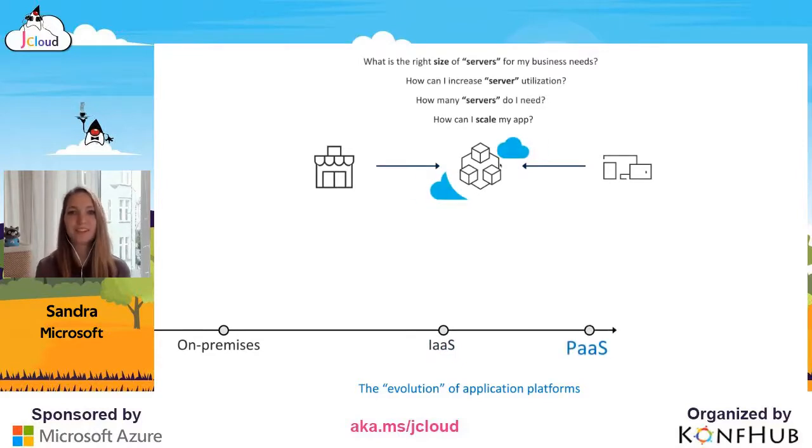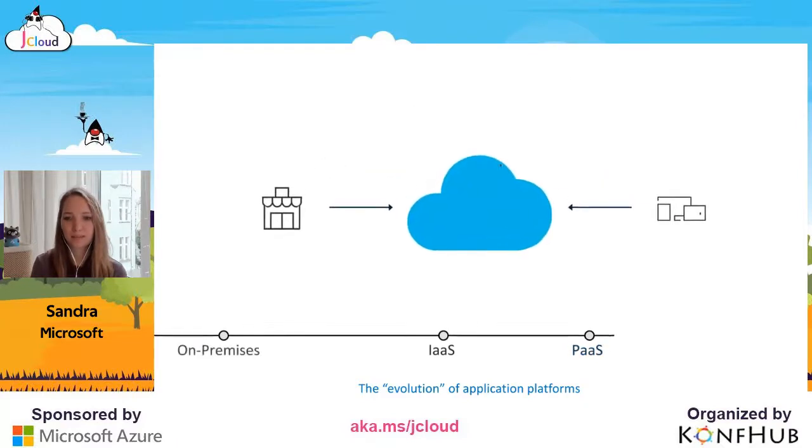Going on from this, we went to platform as a service. There we only had questions like, what is the right size of servers for my business needs? You could also use VMs or containers or whatever. How many servers do I need, how can I scale my app, and how can I increase my use of these containers?